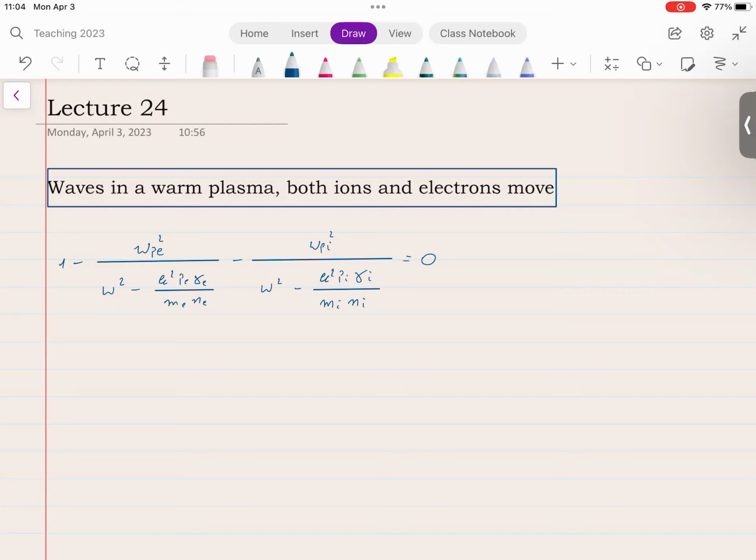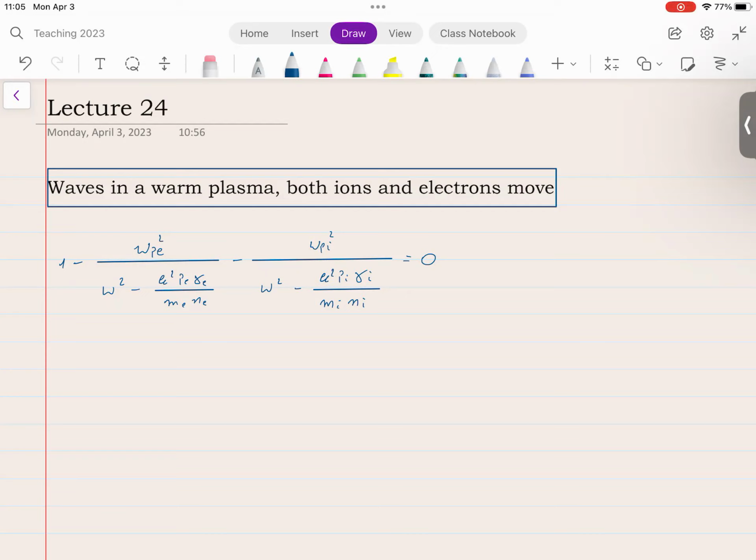We've already looked at the first solution, the one where we neglect omega plasma ions. Now let's look for the other one. The second solution will be found, well, again, we could just solve the second order equation for omega squared.